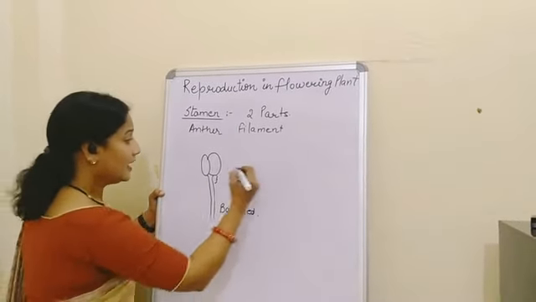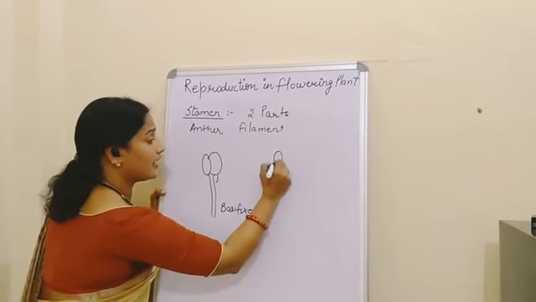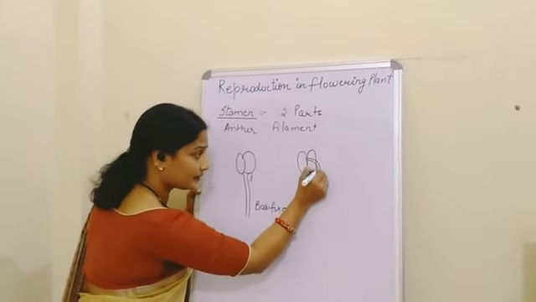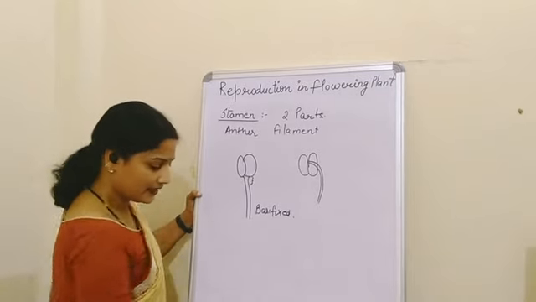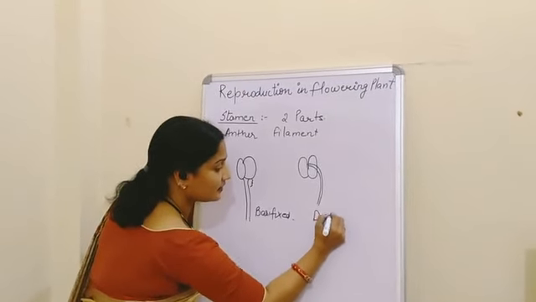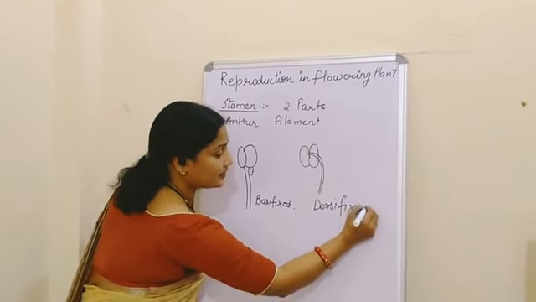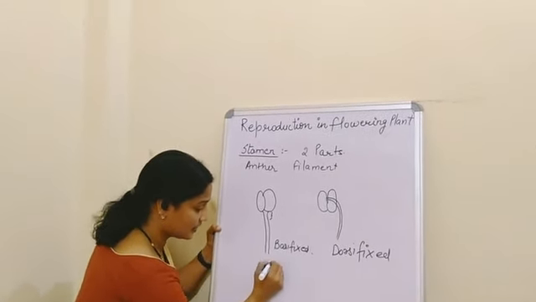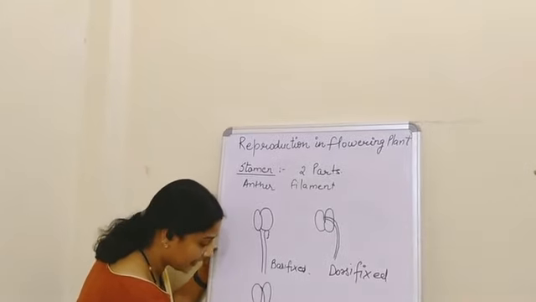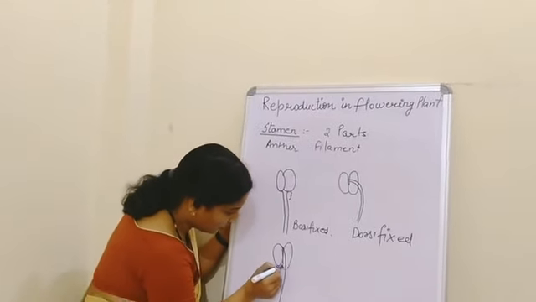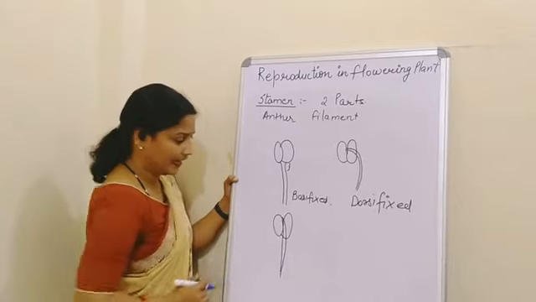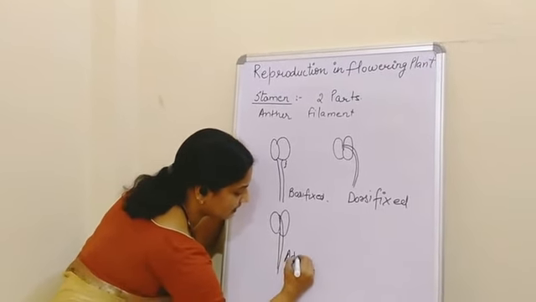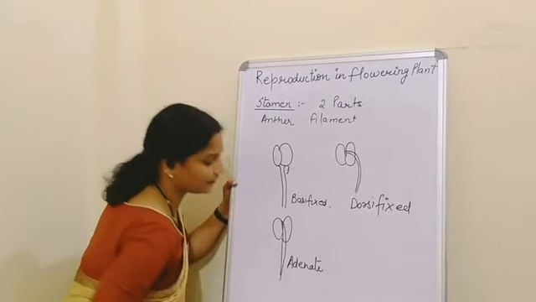Clear? If the filament is attached at the dorsal side, then it is called dorsifixed. If the filament is attached along the whole length of the anther, then it is called adnate.